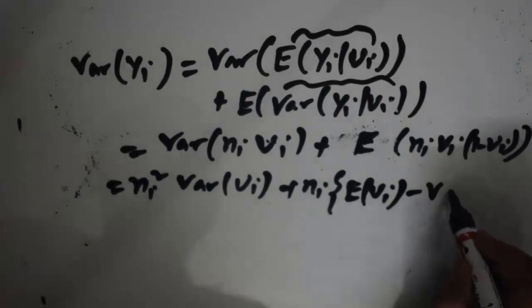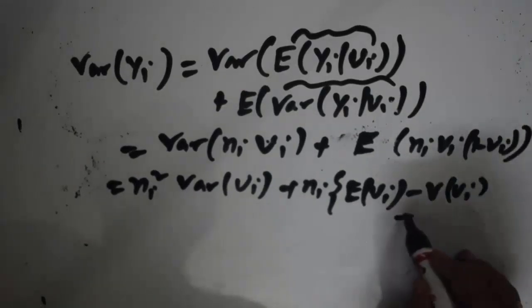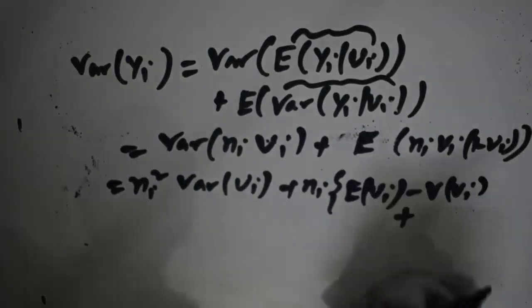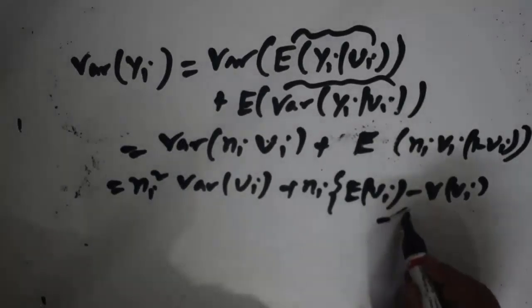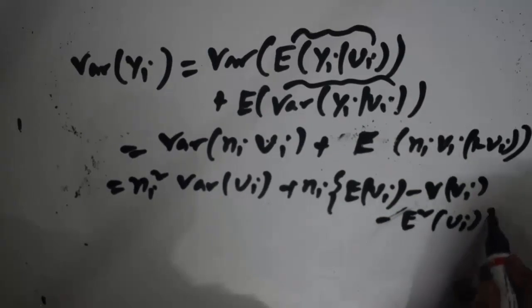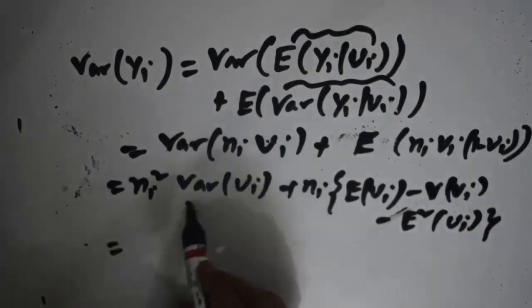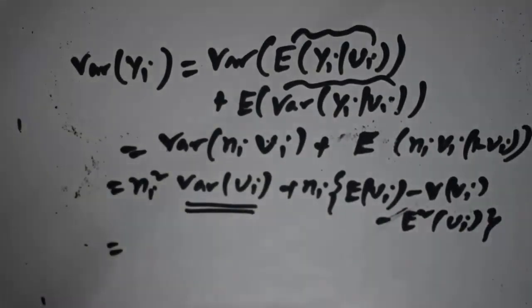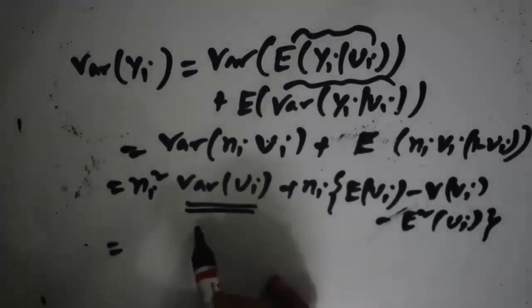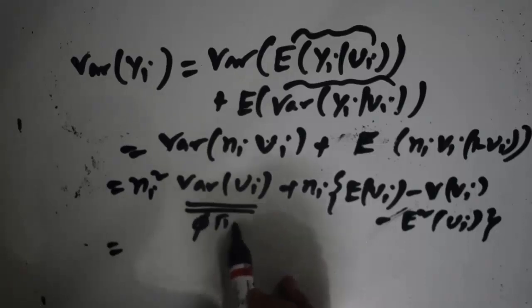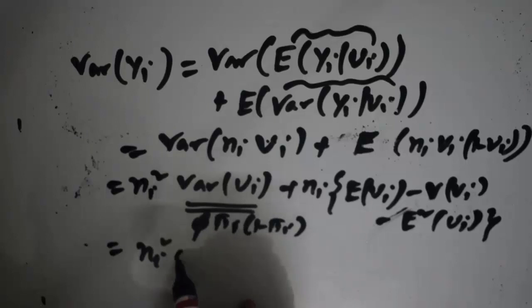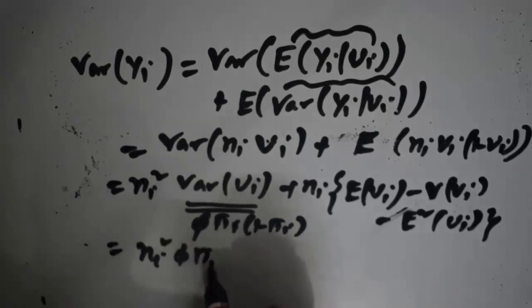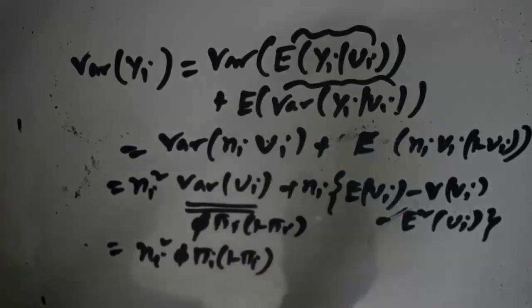So this is minus the variance of Vi minus the square of the expectation of Vi. So the first term is equal to Ni square phi pi i into 1 minus pi i.